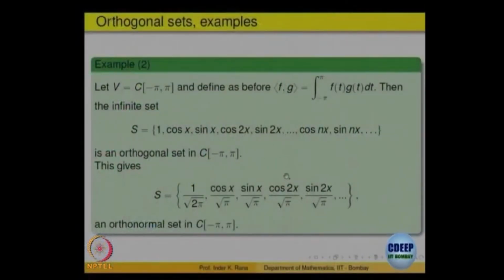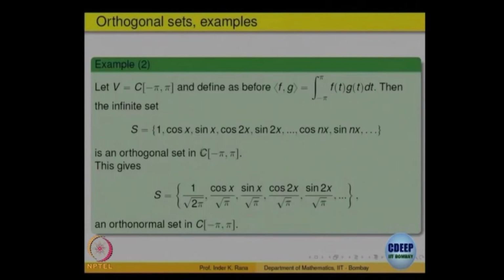So, the important thing is this is an orthonormal set, and this is an infinite orthonormal set, where any two of them are perpendicular to each other. Any set that is mutually orthogonal is also linearly independent, so this is also a linearly independent set in the space C[-pi, pi].